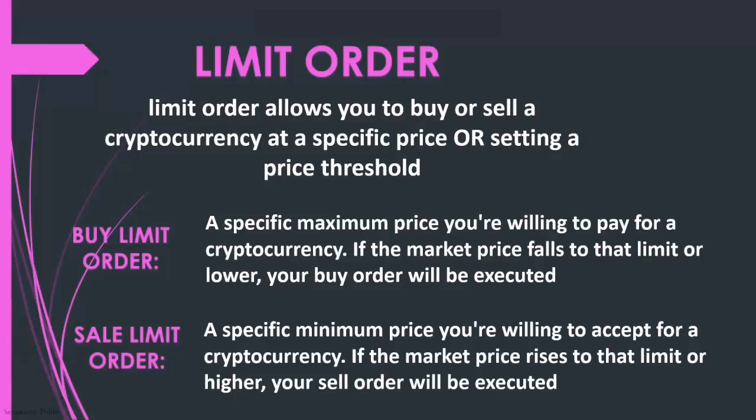I want to buy it when the price has gone down to $7. So you set your limit order at $7, and once the price goes down to $7, automatically, since you have already set it up, the market will just execute and buy the Bitcoin for you at that amount.